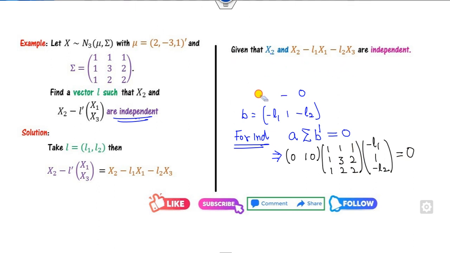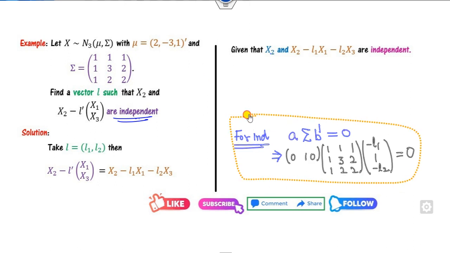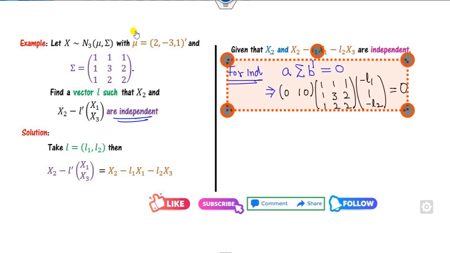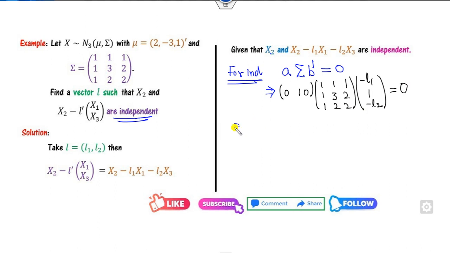If you multiply them, it will be 0, 1, 0 times the matrix, and the third row is minus L1 plus 2 minus 2L2.